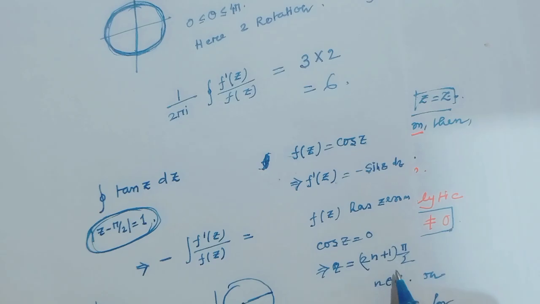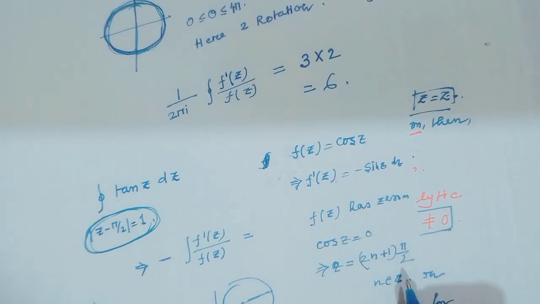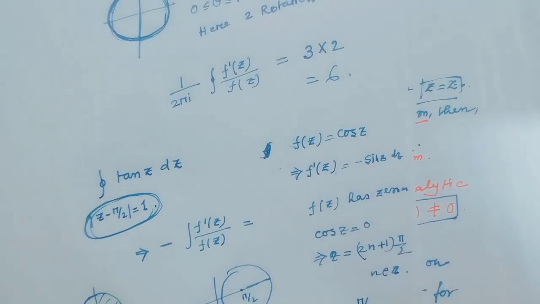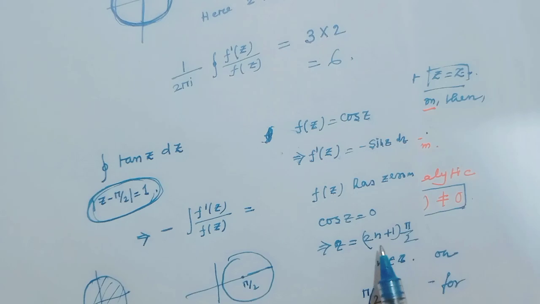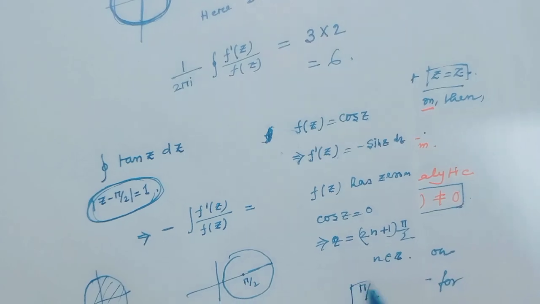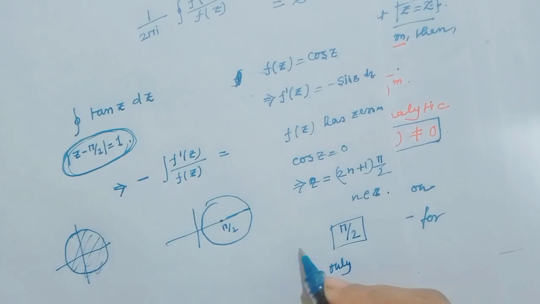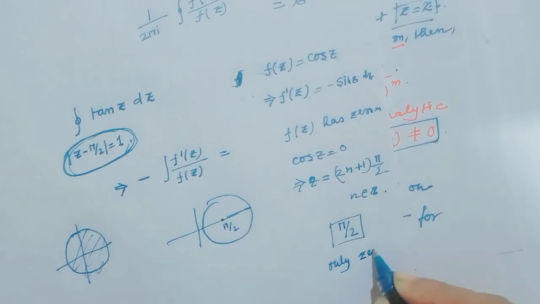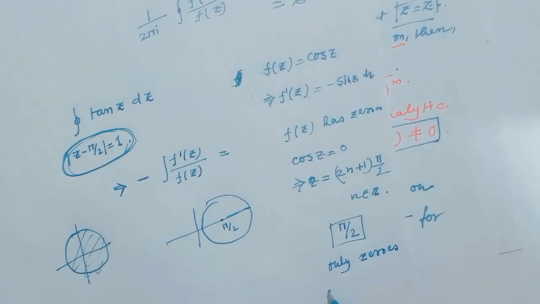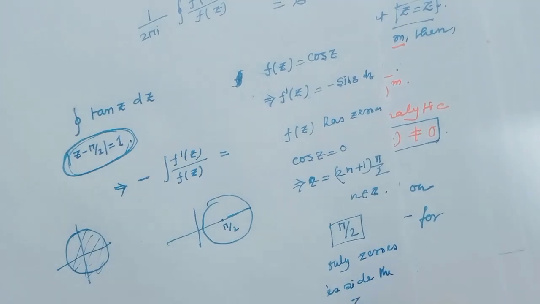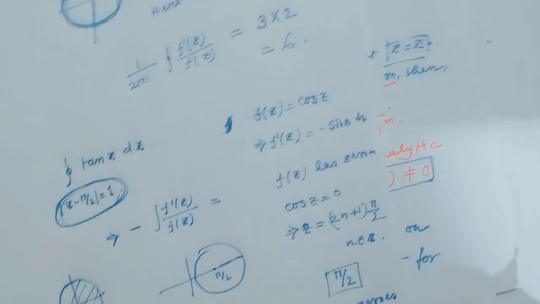That means here only 1 zero. This is pi by 2 inside the circle when n equal to 0. This pi by 2 only is the zero inside the circle. I hope all my viewers have understood.